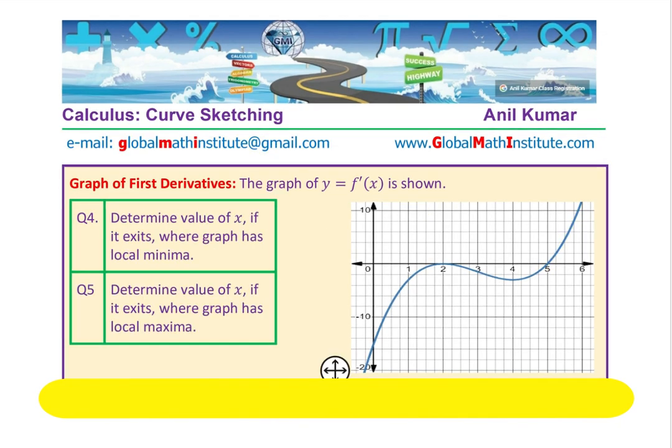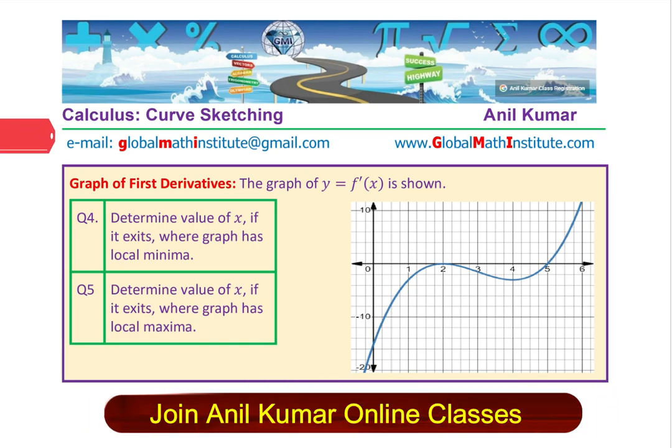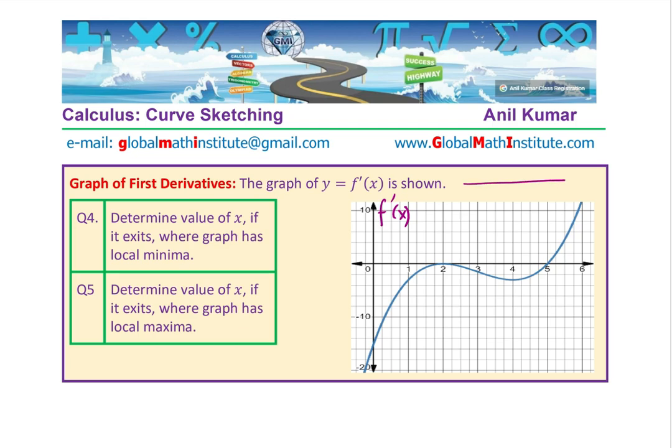Correct. Next, move to questions number 4 and 5, which is: determine the value of x, if it exists, where the graph has a local minimum. So how do you find a local minimum from the first derivative? You do a sign chart, right? You remember the sign chart? So minimum means it goes from negative to positive, right? And maximum means it goes from positive to negative, correct?